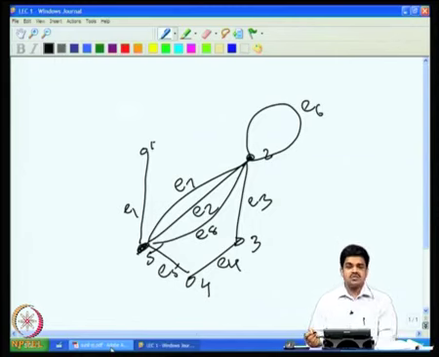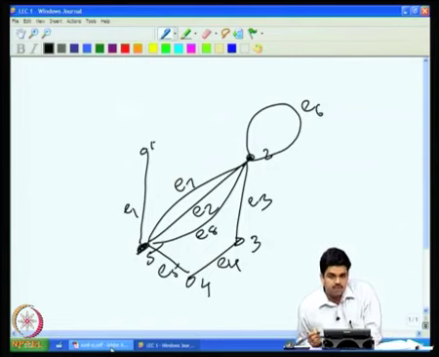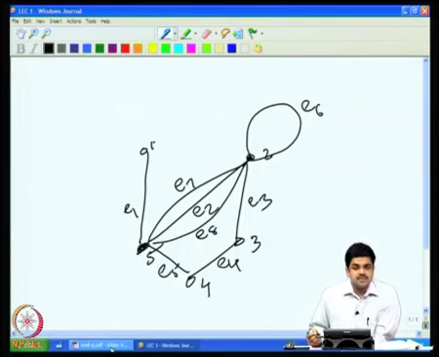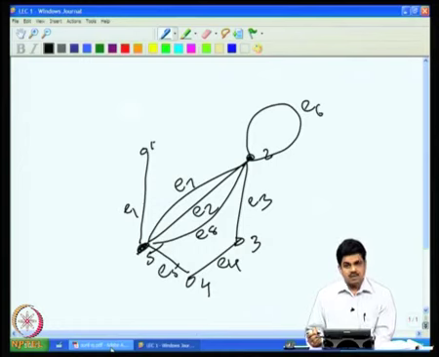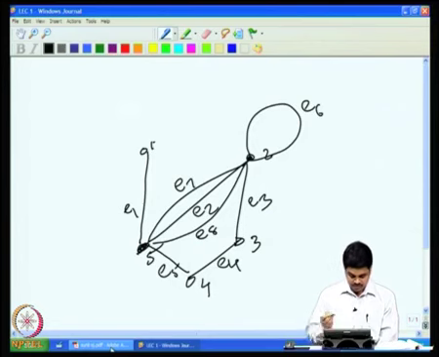Usually in this course, most of the time we will be talking about finite graphs and simple graphs. If at all we are talking about non-simple graphs, or infinite graphs, we will be explicitly mentioning that.